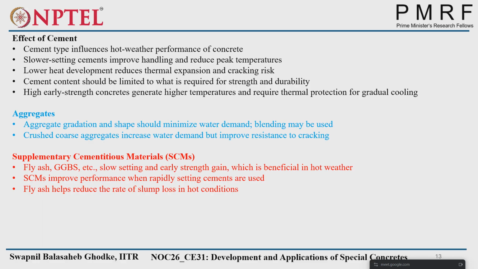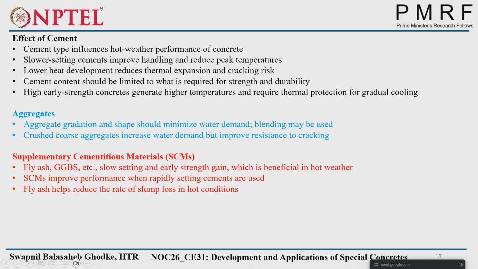So that is the later strength we are getting. It's not in the initial stages. These mineral admixtures will not take part in the initial hydration phases, so we will not have the peak temperature increment or hydration temperature increment in the initial phases of concrete.